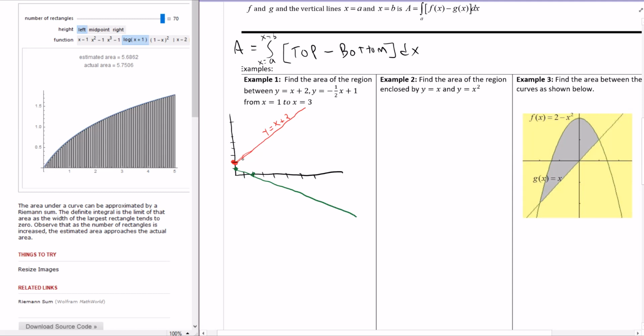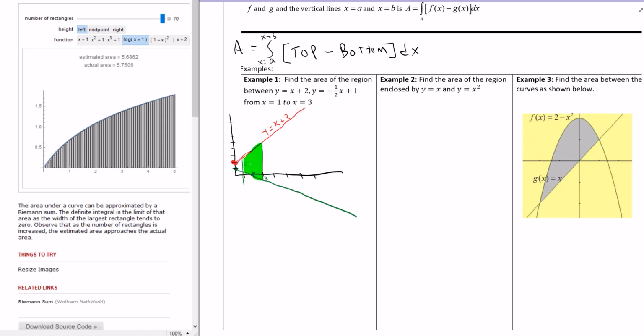So basically we only care from 1 to 3. We only care about from there to there. So the region we're interested in is right here. And you might think, oh, the little bit's below the x-axis, so it's going to mess it up, but it's not, because you're going to end up subtracting it anyway. So don't worry that it's below the x-axis. It doesn't actually matter.